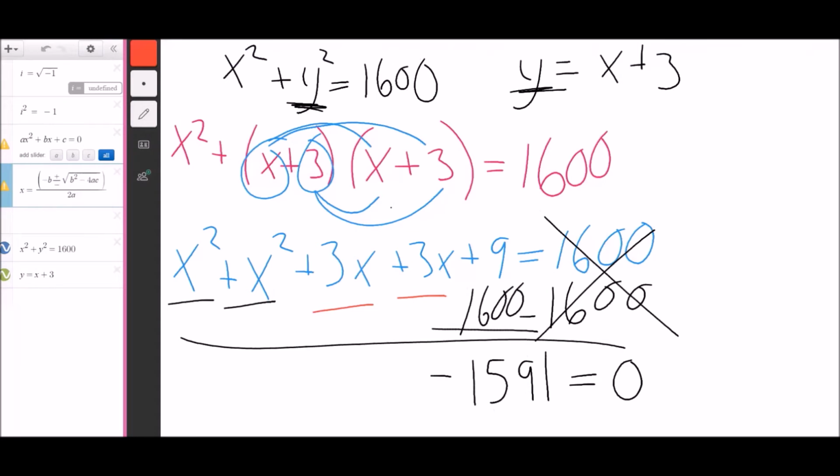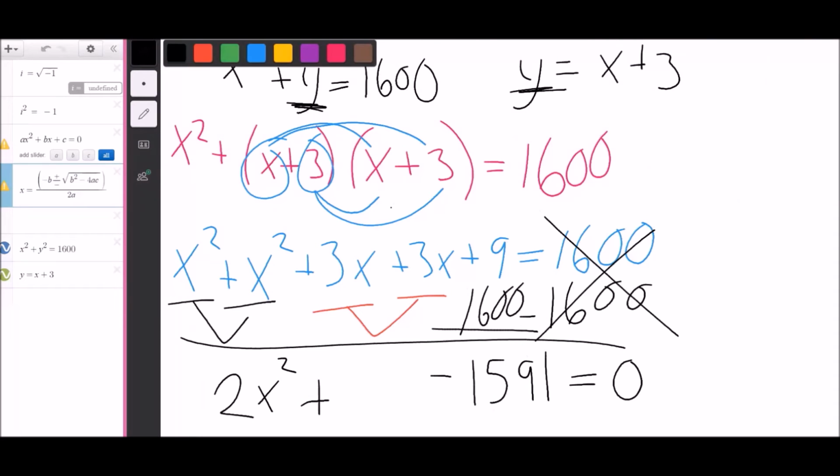So that's going to equal 2x squared plus 6x. And 2x squared is going to be your a. 6x is going to be your b.